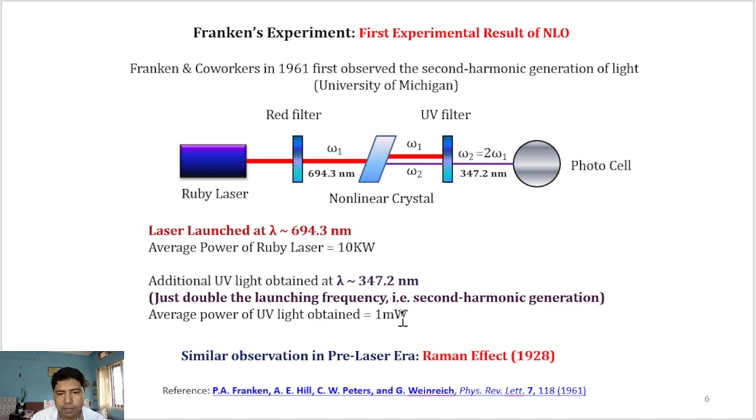That was very interesting. A similar observation can also be seen in the pre-laser era in the Raman effect. In 1928, Raman discovered this effect, that when you launch monochromatic light into a transparent medium, it produces Stokes and anti-Stokes lights. It is most interesting, because it produces half of the frequency or double of the frequency.